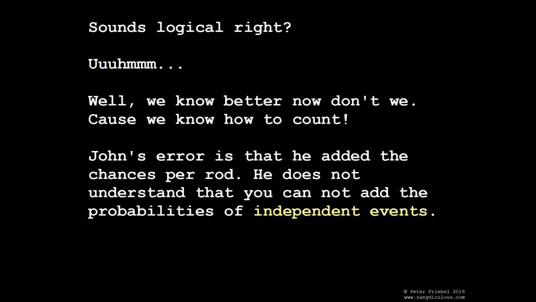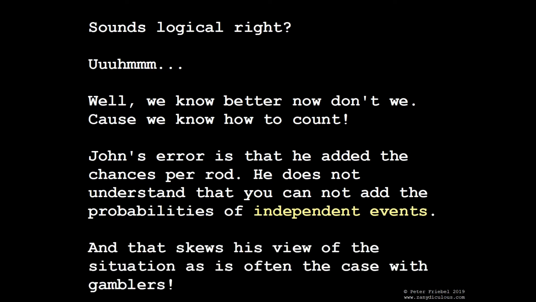John's error is that he added the chances per rod. He does not understand that you cannot add the probabilities of independent events. And that skews his view of the situation, as is often the case with gamblers. What can we say about his chances?